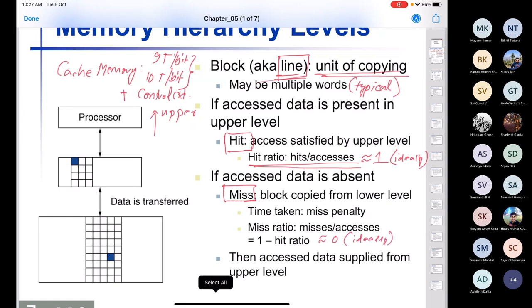Because if there is a miss, I have to go and search into the lower level of memory, which is DRAM, which is slow. If it is not found there, I have to go further down and search into the hard disk drive. That is a severe problem actually. If you have to search something from the hard disk drive, it can take millions of clock cycles, meaning crores of clock cycles.